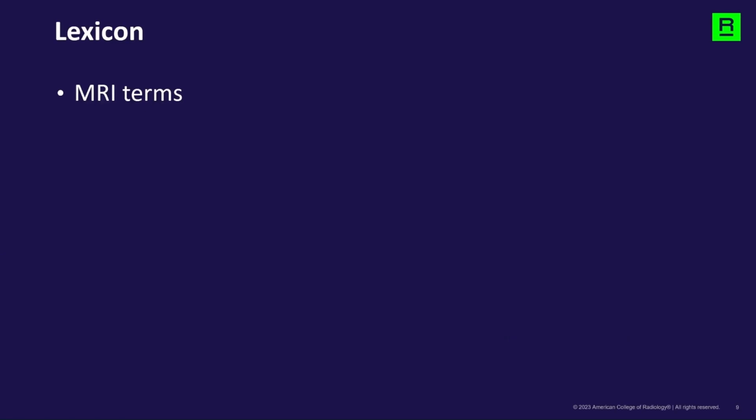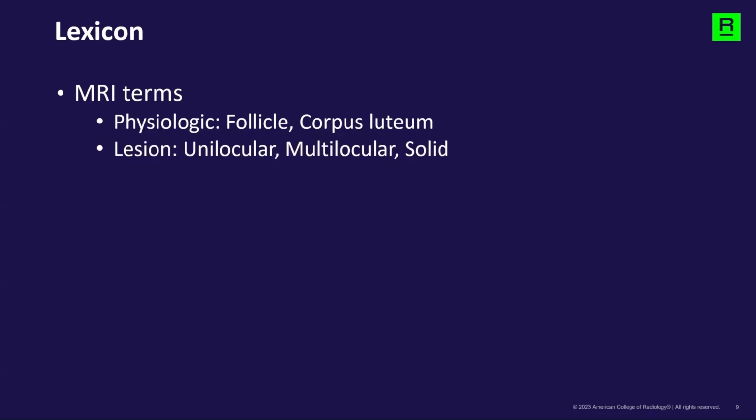Next, we will review the O-Rads MRI lexicon. On the next 5 slides, we will go into more detail about the descriptors used in the O-Rads MRI lexicon with imaging examples. An important distinction to make is to determine what is physiologic. Both a follicle and corpus luteum are considered physiologic, and anything that is not physiologic is considered a lesion by O-Rads.